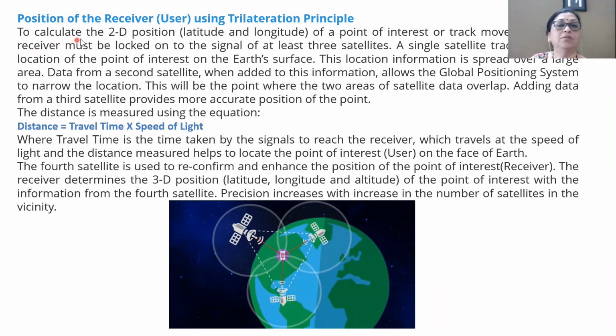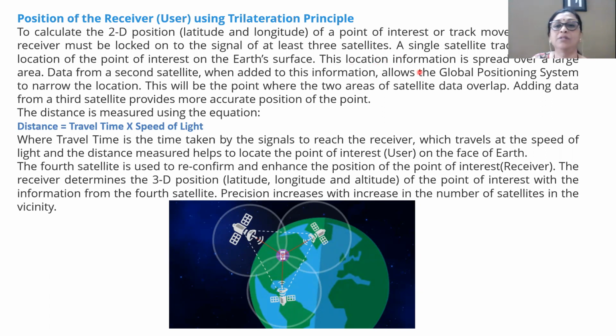Okay, so in this, the two-dimensional position is calculated. Two-dimensional position means latitude and longitude of a particular point of interest is found. Initially, a single satellite is used to track the location of the point of interest, and the calculations are made.